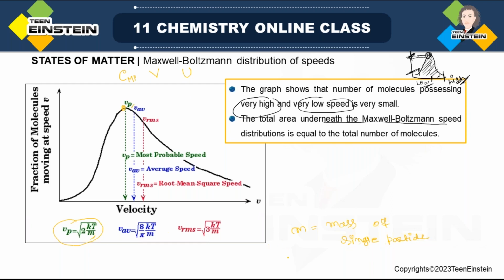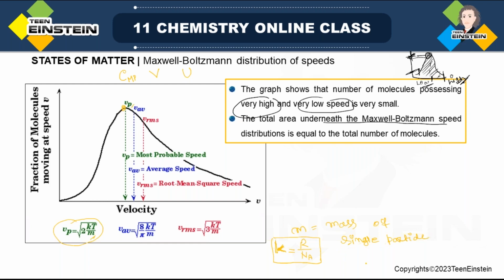And this k is basically called the Boltzmann constant. It is expressed as small k. It is not capital K, it is small k. And that is actually equal to the universal gas constant divided by Avogadro number. Remember this relationship? Boltzmann constant is equal to R by Na.